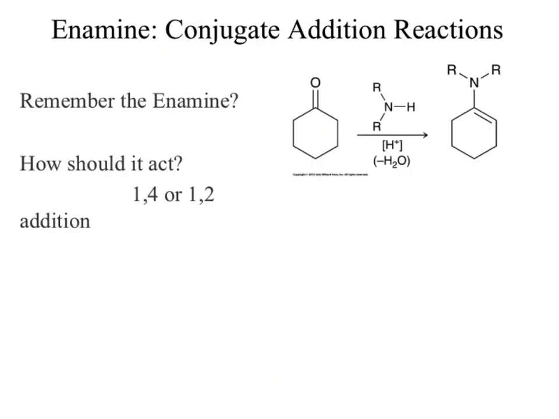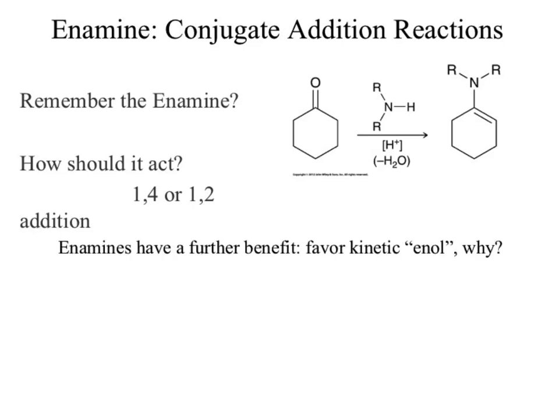Enamines, conjugate addition reactions. Okay, remember we had the enamine? The enamine could also be used as 1,2 or 1,4. What do you think? Okay. Consider it. Think about it for Wednesday. They also have an extra added benefit when we're looking at our enamines. If we were to go through and draw the enolate for our carbonyl and we drew on a methyl group, when I react that with a base, where does my enolate form?